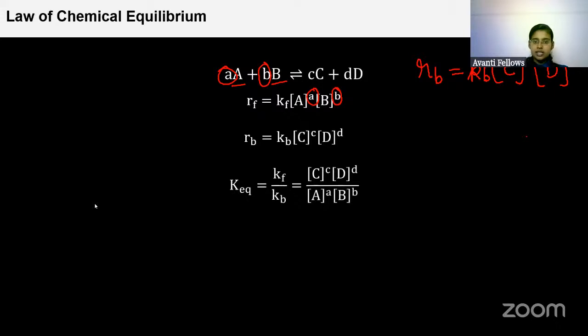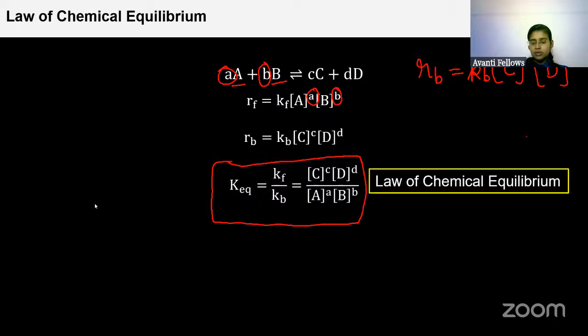It is nothing but Kf by Kb, which is equal to the corresponding terms. If you substitute, you will get this. And this is called the law of chemical equilibrium.